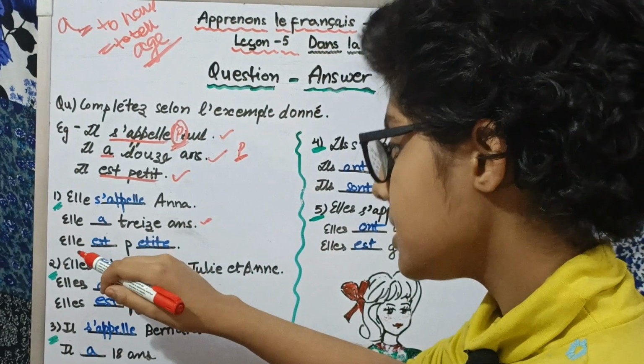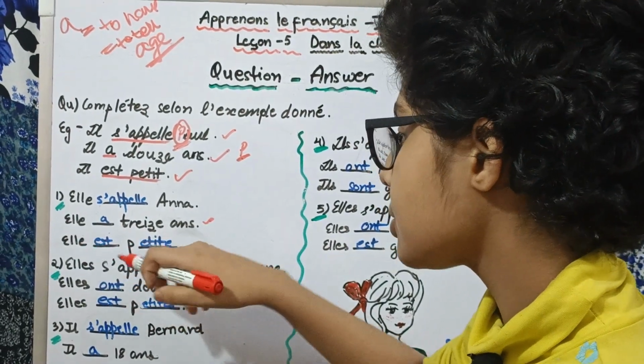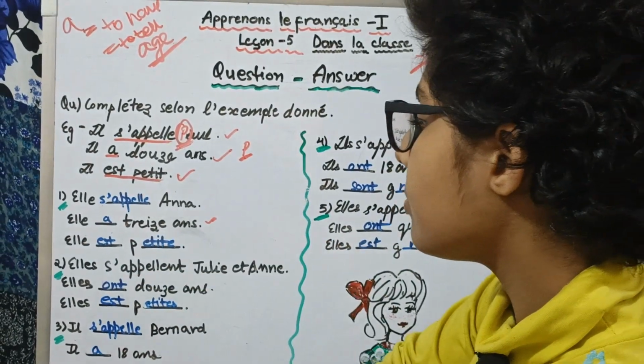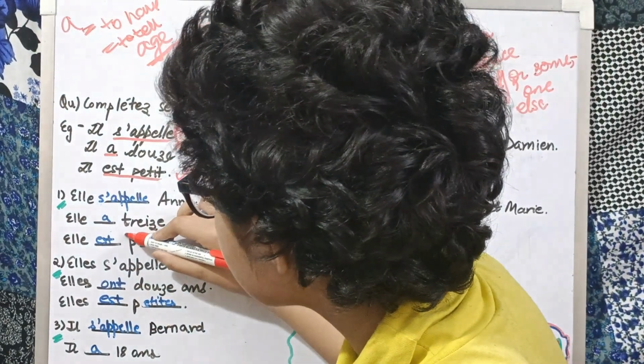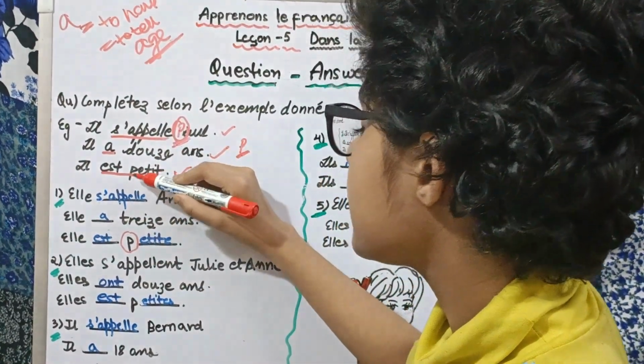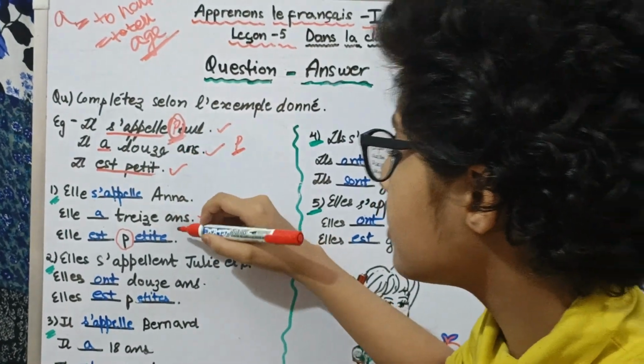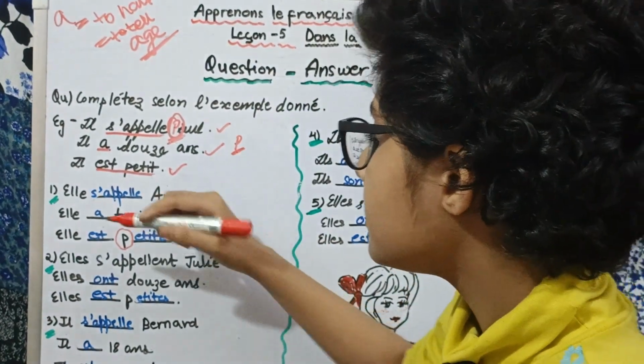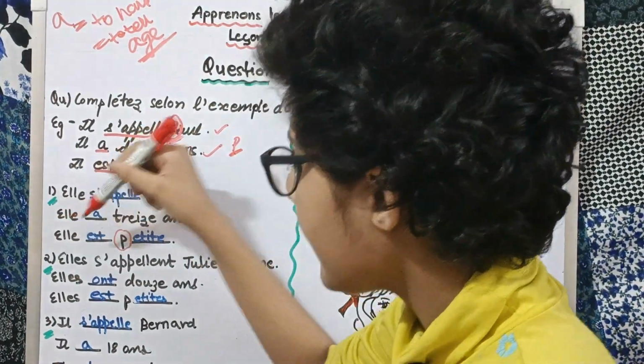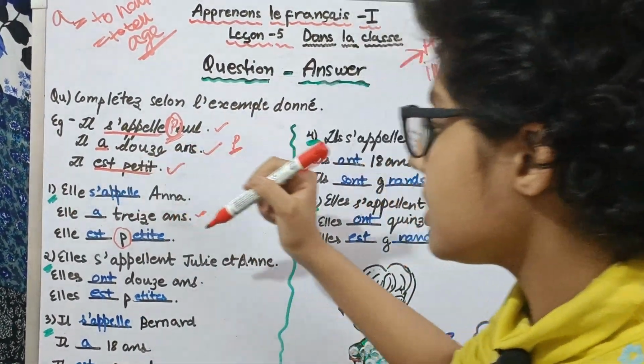So now the third sentence is that L dash P dash. So now what do we understand by P written here? Here we have the sentence il est petit. So here we are going to use the same adjective here. For we first say elle est petit. She is small.